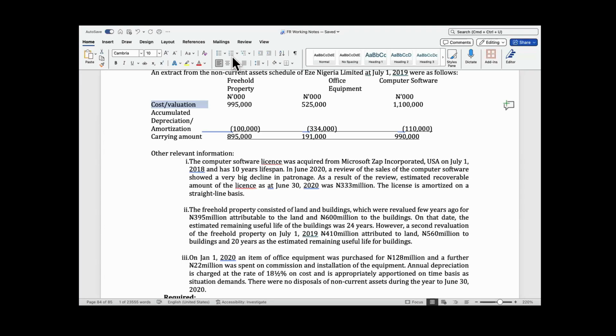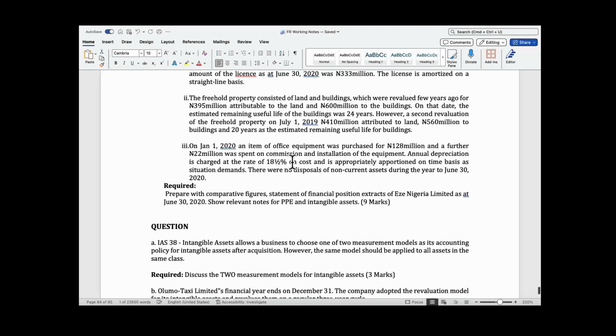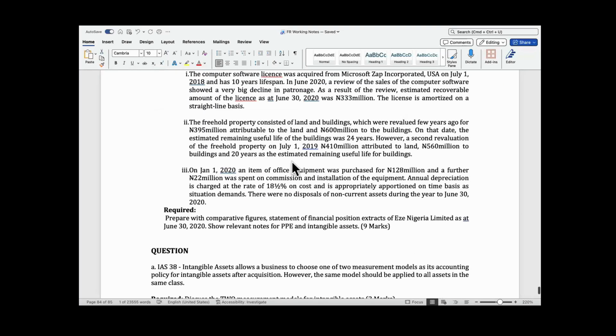Additional information: 3. On January 1, an office equipment was purchased for 128 million naira, and a further 22 million naira was spent on commission and installation of the equipment.